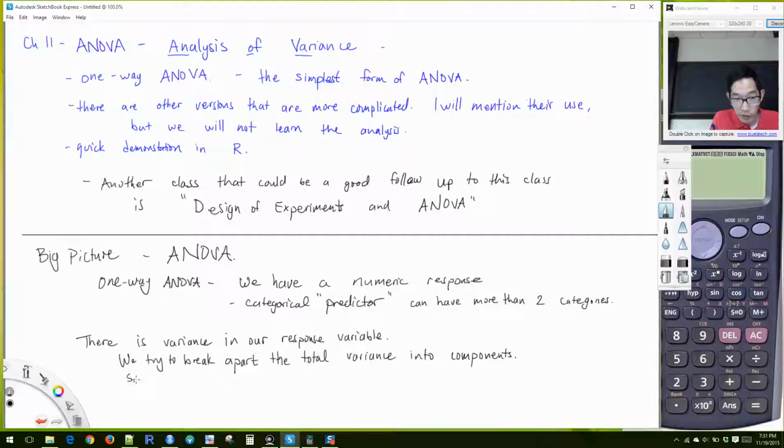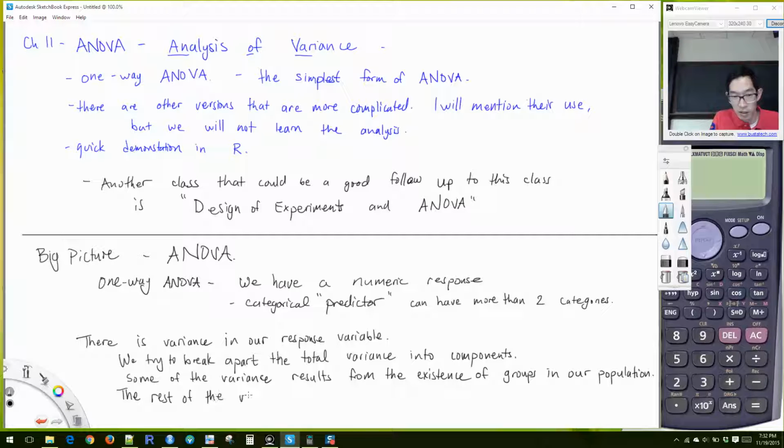Some of the variance results from the existence of different groups in our population, and then the rest of the variance is just variance that exists no matter what.